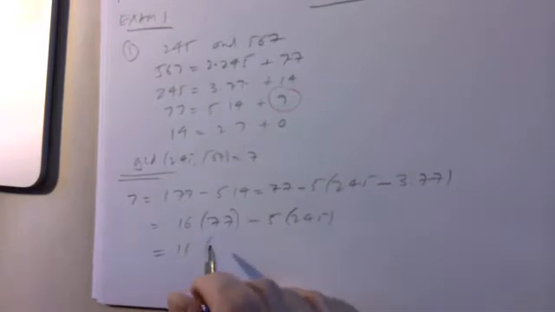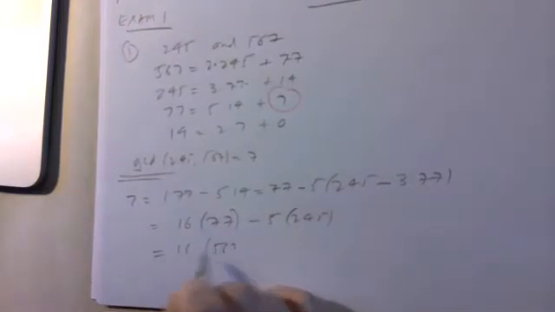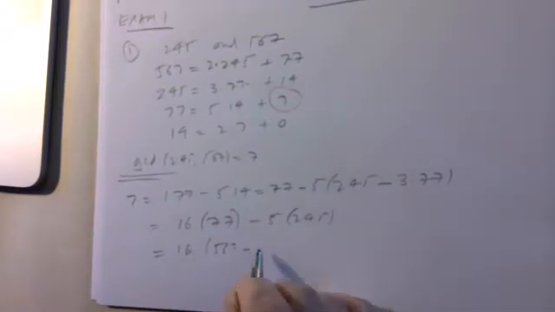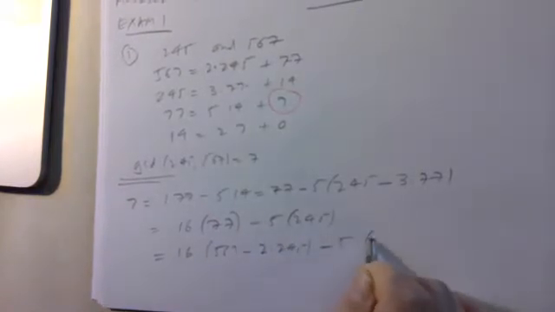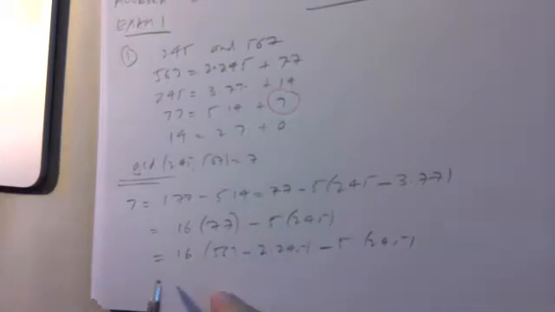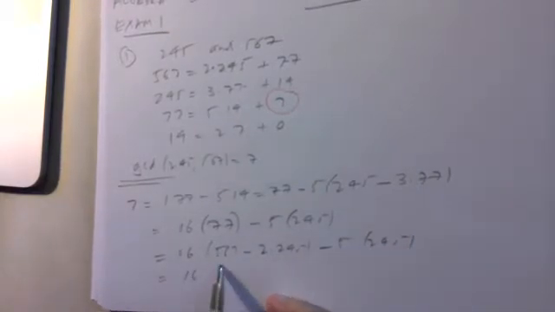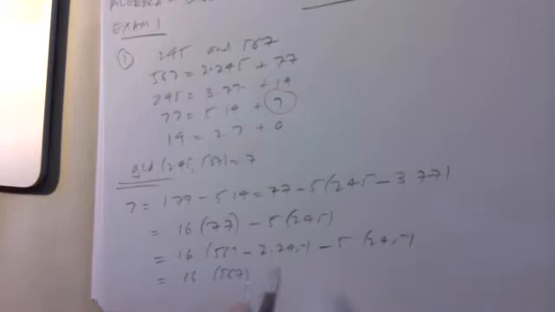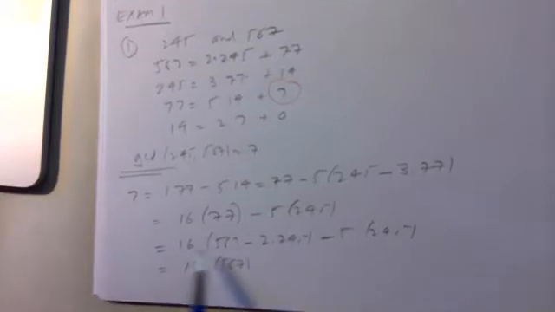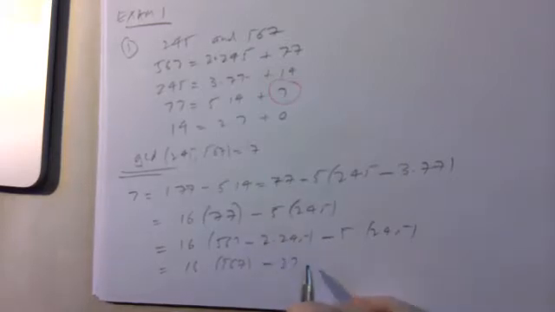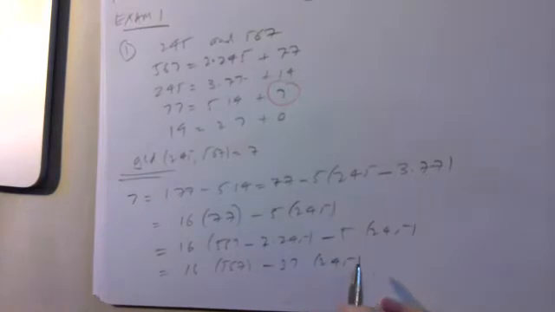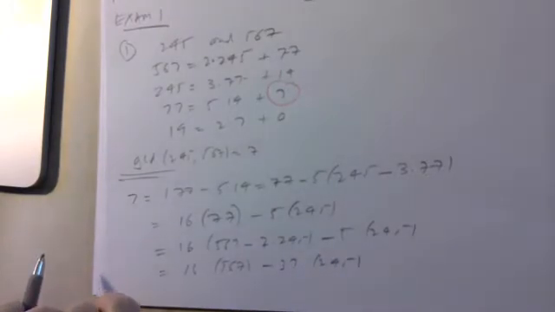So this is 16 times 567 minus 2 times 245, minus 5 times 245. So this is 16 times 567. 16 times 2 is 32. This is minus 32 minus 5, minus 37 times 245.